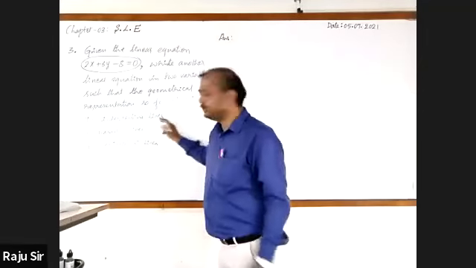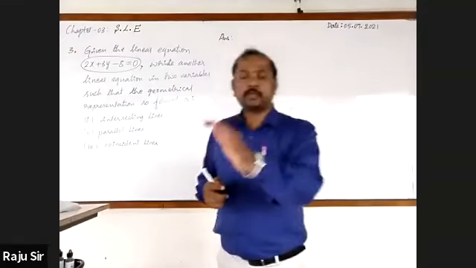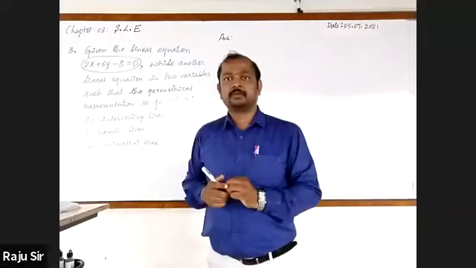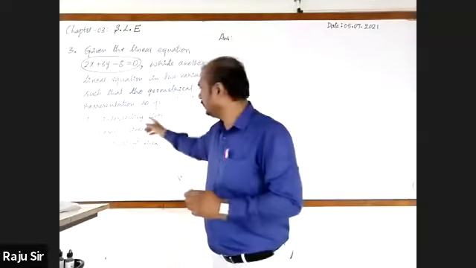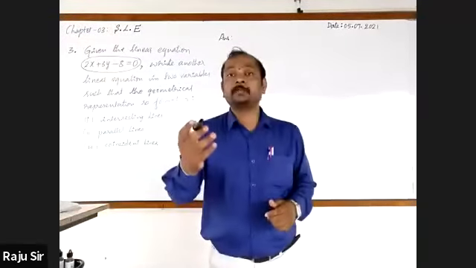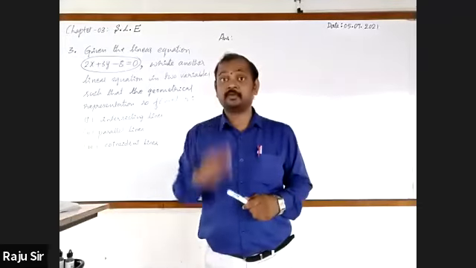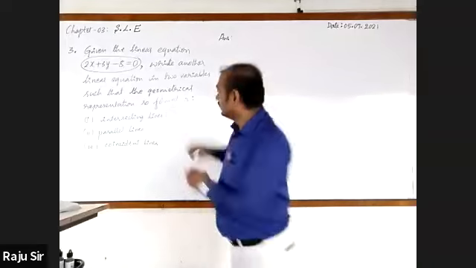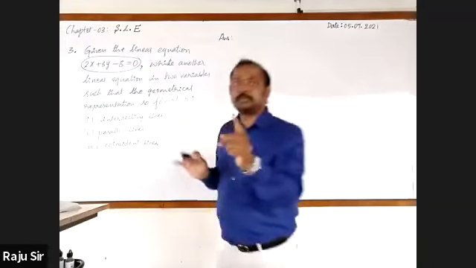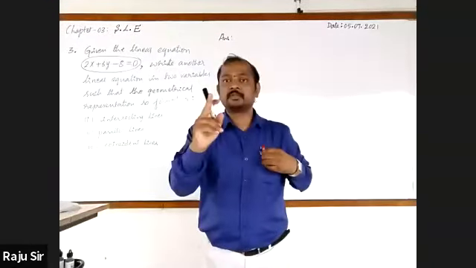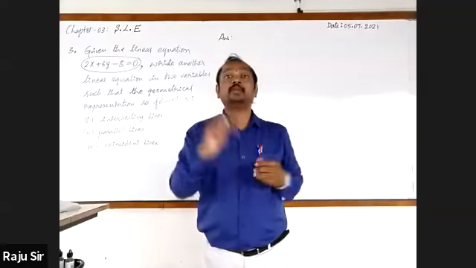Look at intersecting. If the graph of the pair of linear equations should be intersecting lines, what type of solutions must they have? Unique solution, sir. Unique solution, right? For intersecting lines, the equations should satisfy the unique solution condition.